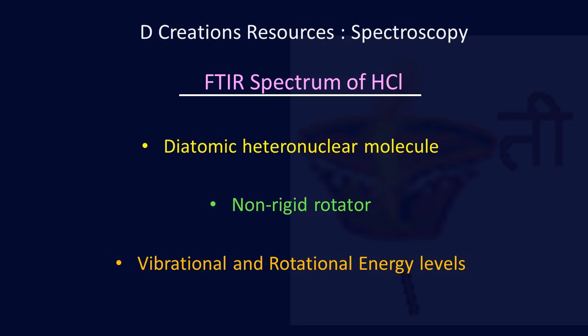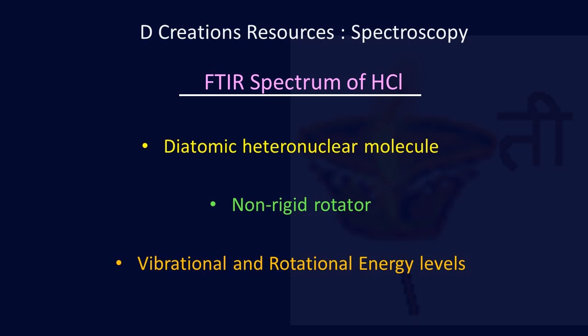Visualize two masses, say M1 and M2, which are connected by a spring which has spring constant K, and R0 as the equilibrium distance. Now, as expected, the potential energy of this two mass model is going to be a parabola, and it's going to be harmonic, and the further the masses are displaced from their equilibrium position, the higher will be the potential energy of the system.